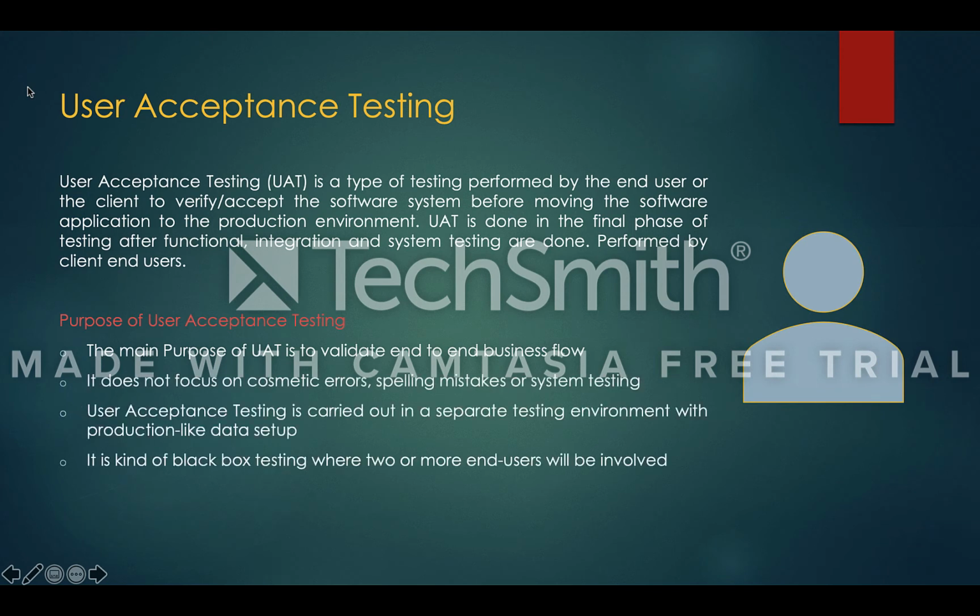Next, user acceptance testing. It is done by the end users or the clients to verify or accept the software system before we move the software completely to the consumers.